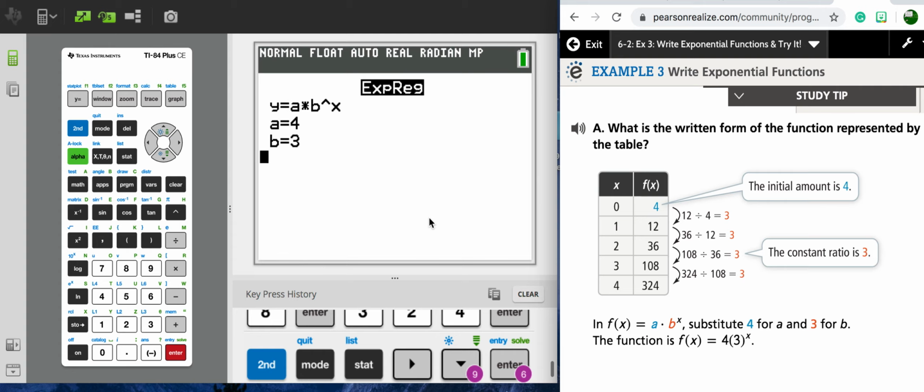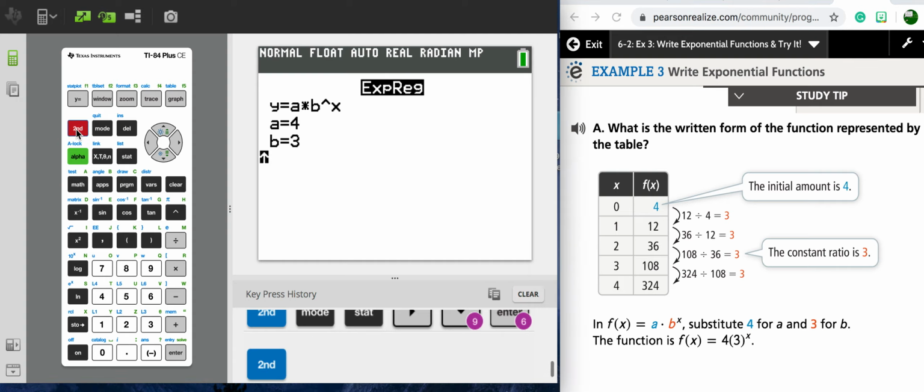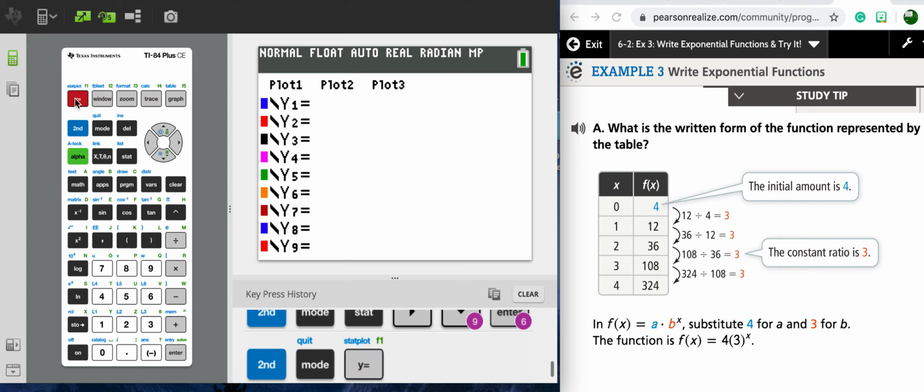Now, the next step, how to graph this. Since we know the values of a and b, we can go to the y value. Okay, second, you press 4 and 3, you write the numbers down. Second mode, and we go to plug in the y value.